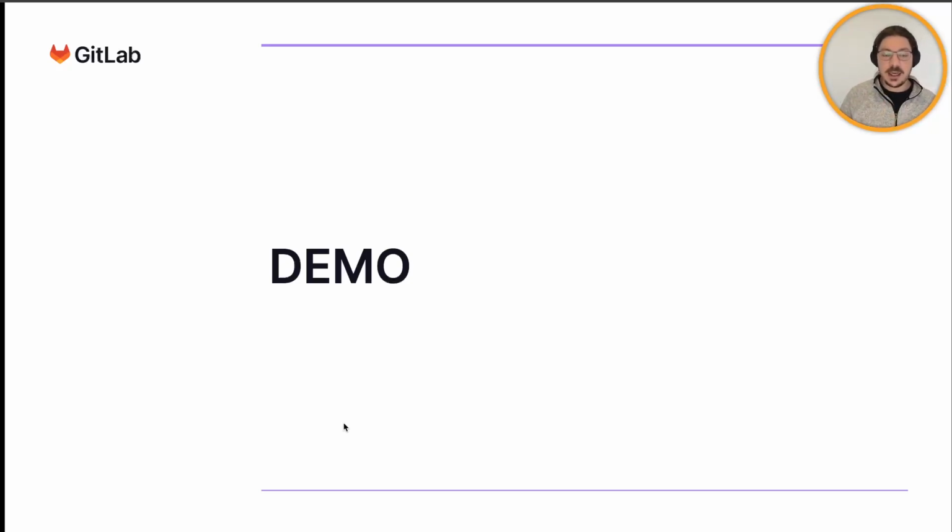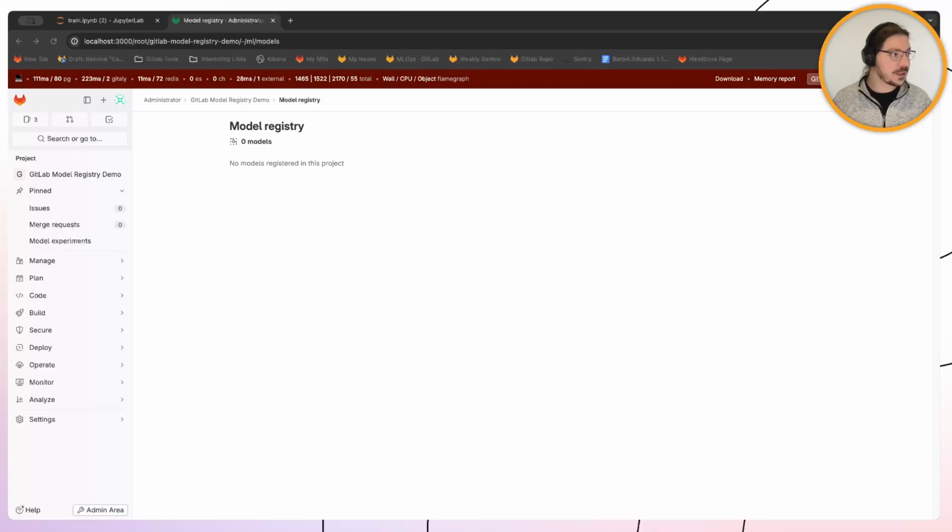So this is a project that I just created at GitLab, and you can navigate to the model registry. We don't have a menu for this yet, but we are adding one. I see that I don't have any model added into this model registry.